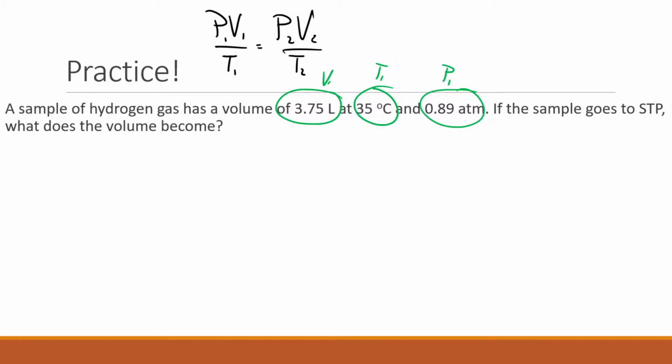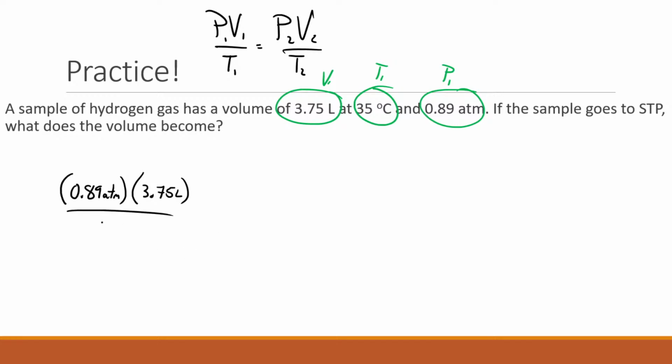And this is also where our first trick comes into play. If I start plugging in now, 0.89 atmospheres, that's the pressure they gave us. 3.75 liters, that's the volume they gave us.